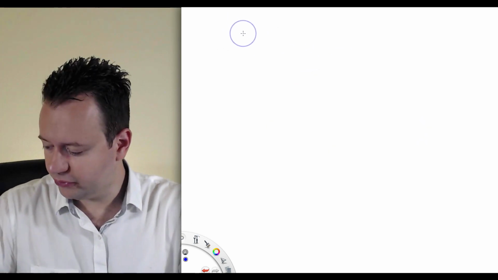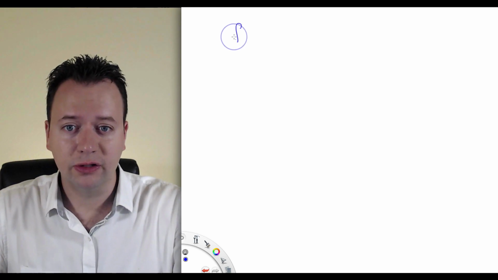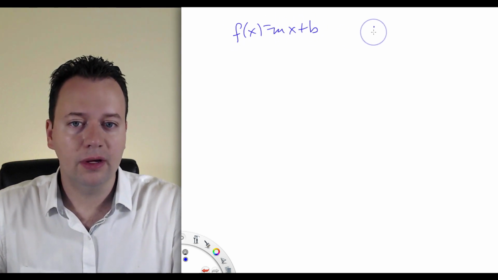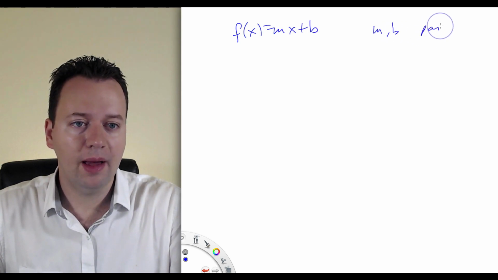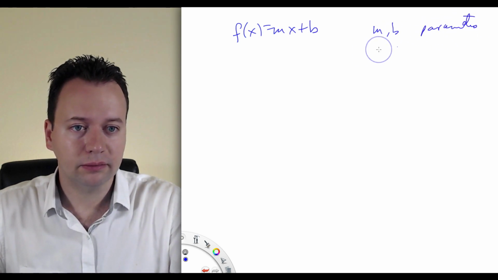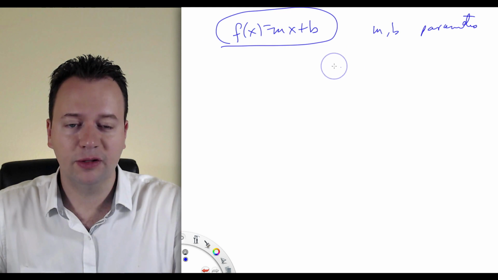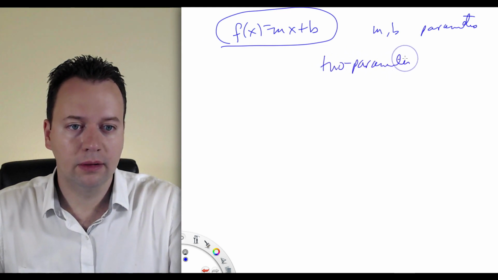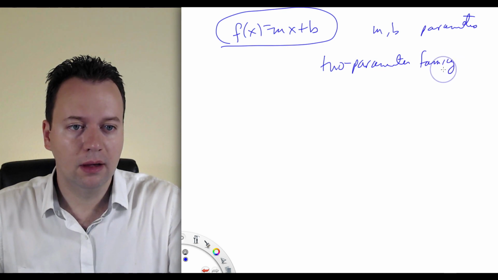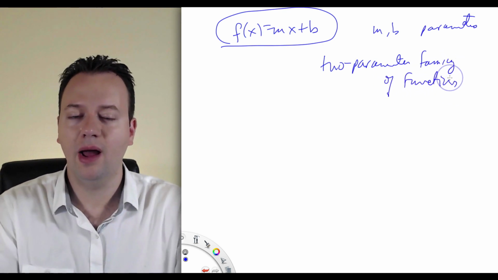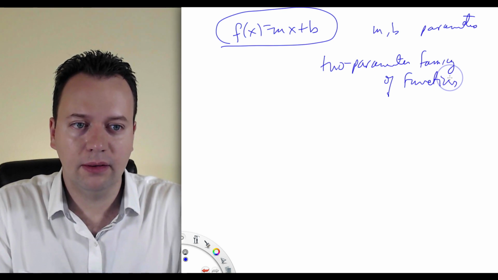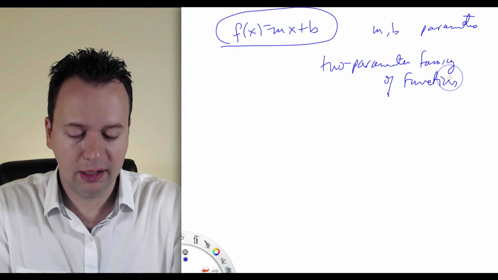So parameters are also useful in describing families of functions. The simplest one is just mx plus b. Here, m and b are parameters, and this formula gives us basically a two-parameter family of functions. In other words, we have these two parameters, m and b, and for each value, you get a different function.